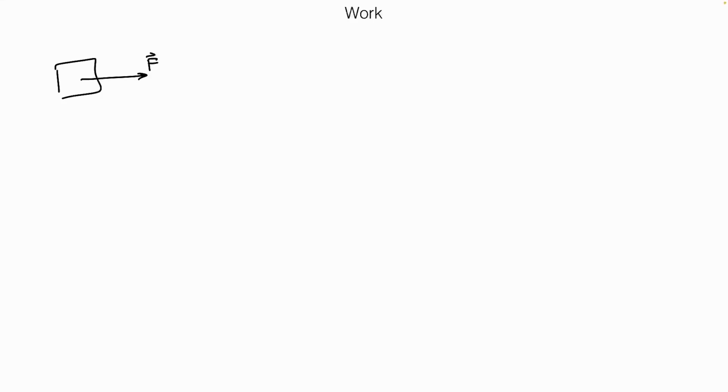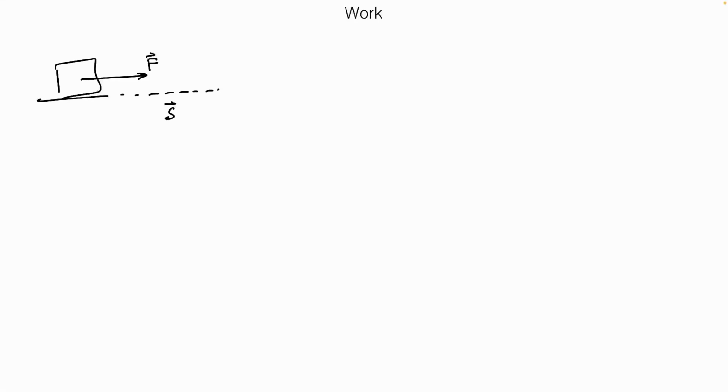pushing along the ground, right? And this wagon goes some distance. I think your book uses S as a generic displacement vector. It's fairly common. I like D myself, but whatever. We don't want to say X, we don't want to say Y, even though this is purely horizontal, we could swap this out for X, but we don't want you to get locked into thinking it can only be horizontal.